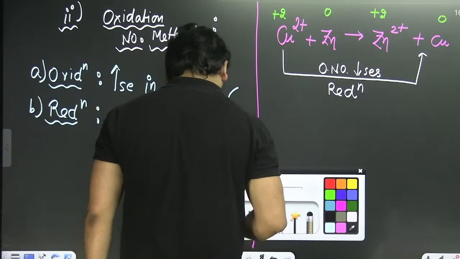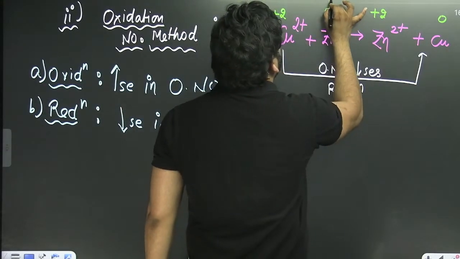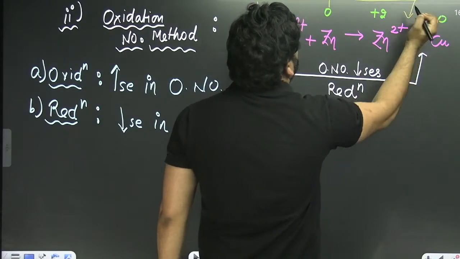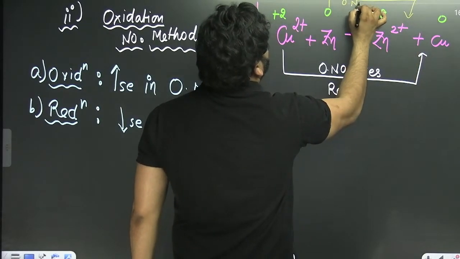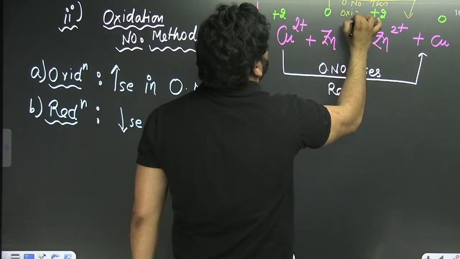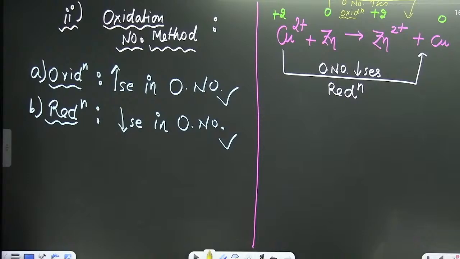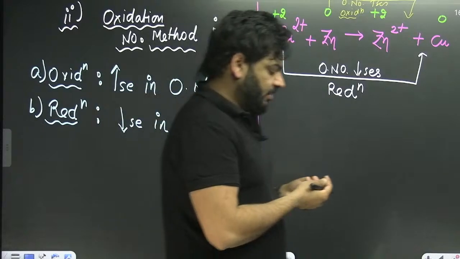Now look at this: something is going from 0 to +2, the oxidation number increases here, so this half process is called oxidation. As I told you, oxidation and reduction never occur independently or individually.